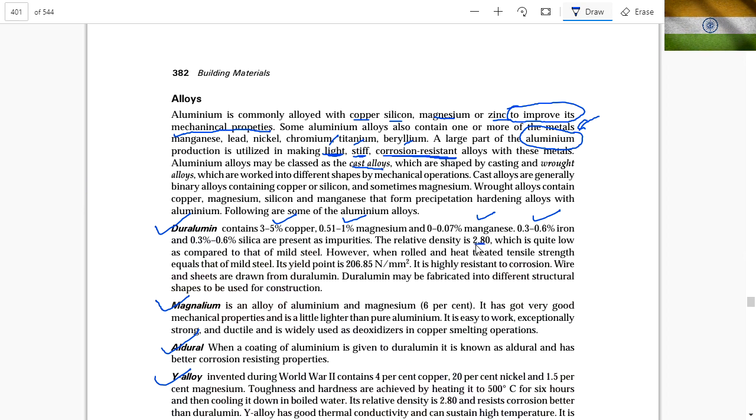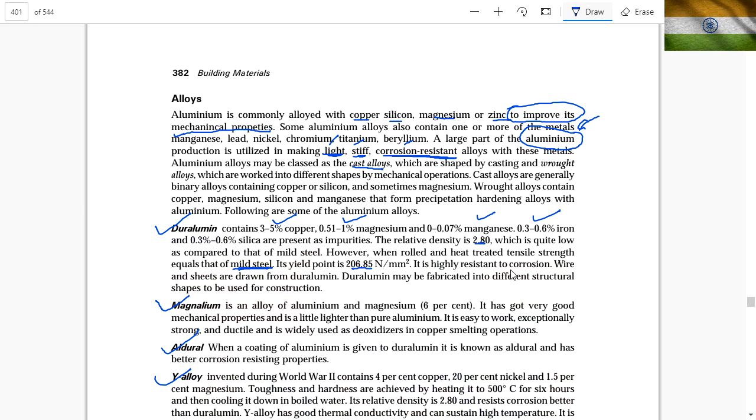The relative density is 2.8, which is quite low as compared to that of mild steel. However, when rolled and heat treated, the tensile strength equals that of mild steel. So when you give the heat treatment to this alloy, you will get a tensile strength equal to mild steel. The yield point is 206.85 Newton per mm squared. It's quite good tensile strength.